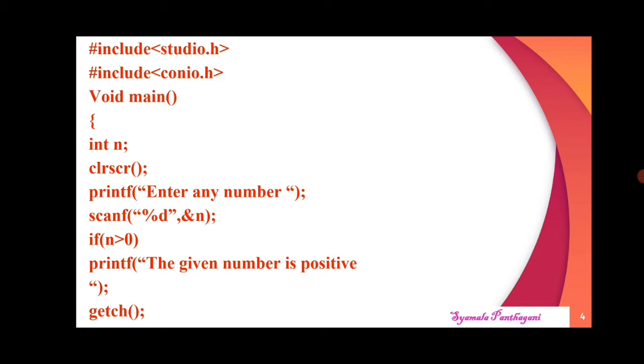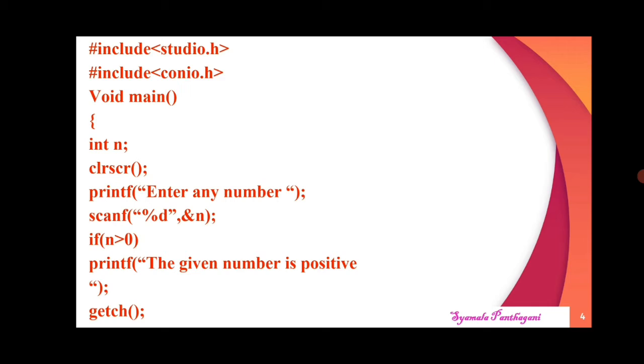When we declare n of data type int, the compiler automatically allocates the memory for the variable n. Next one, clrscr, that is clear screen. And the next one is printf "Enter any number". What we have written within the double quotations is displayed on the output screen.